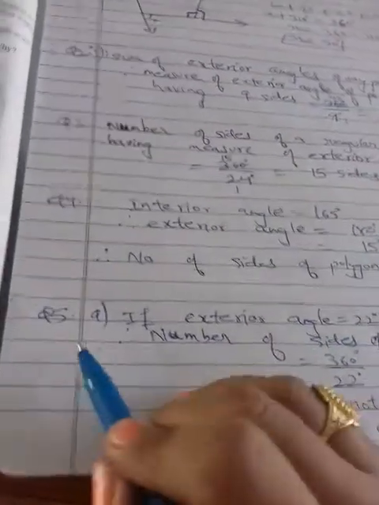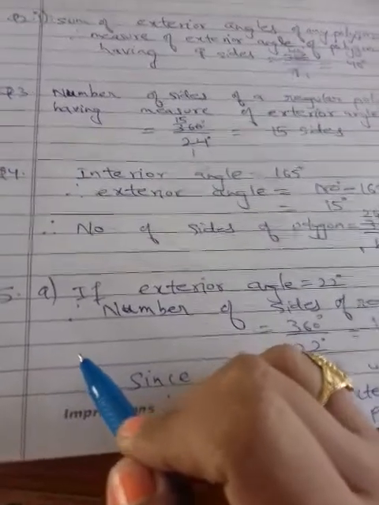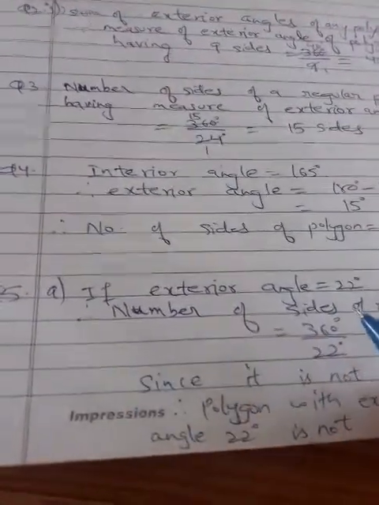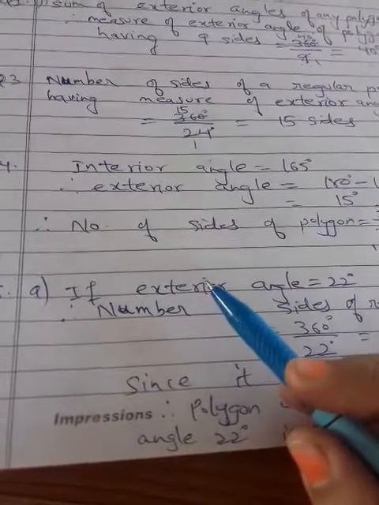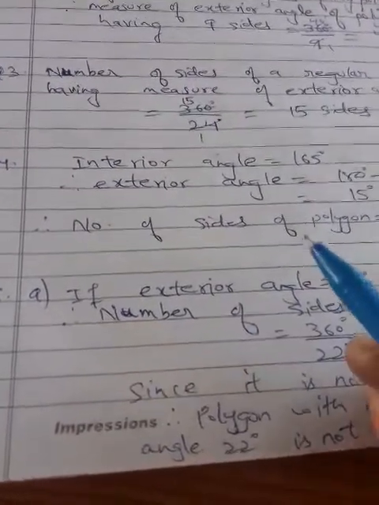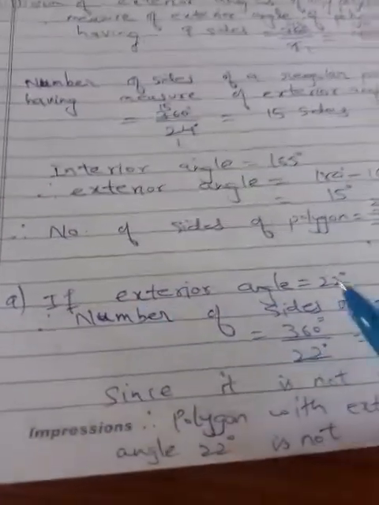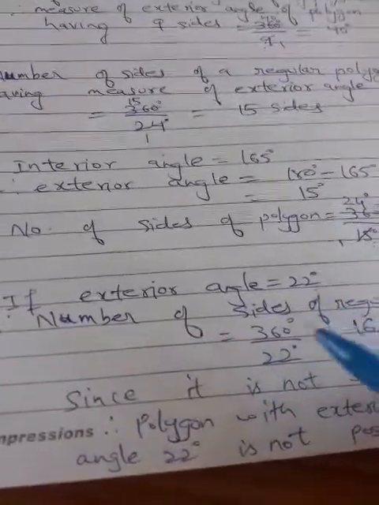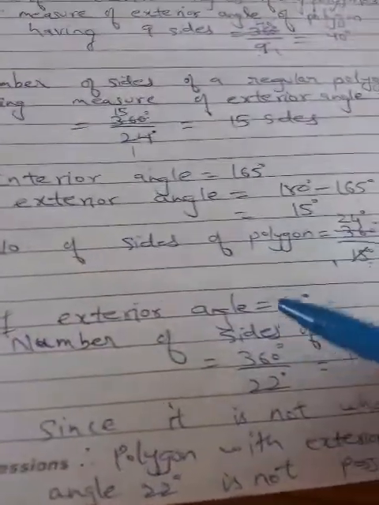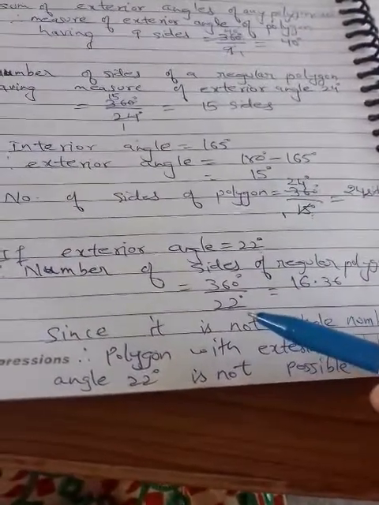Next is question number 5. Is it possible to have a regular polygon with exterior angle 22 degrees? We have to find. If the exterior angle is 22 degrees, then again doing as before, the number of sides of the regular polygon could be found by 360 divided by 22.